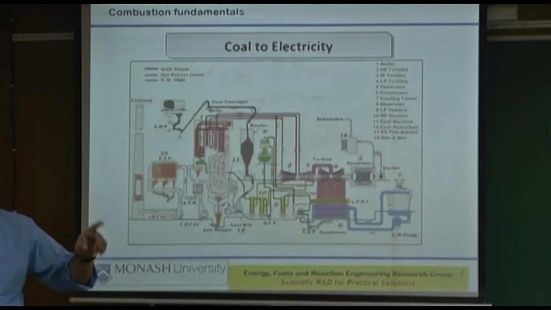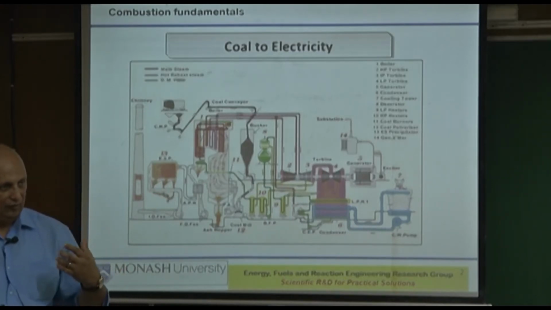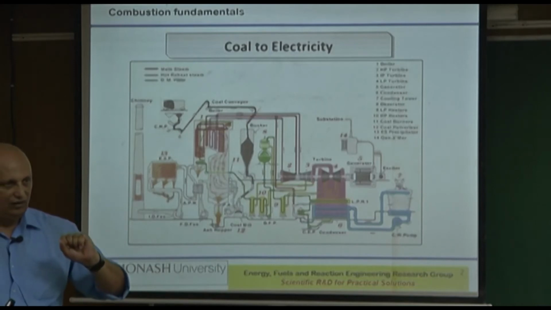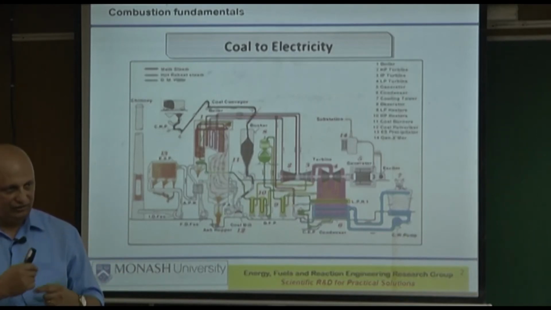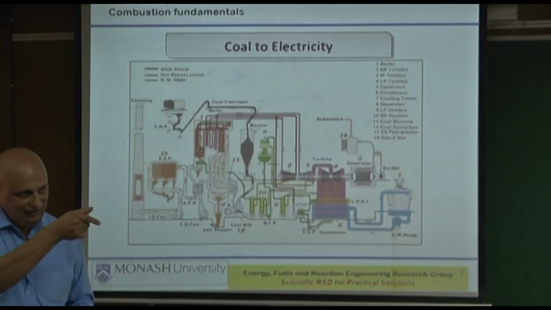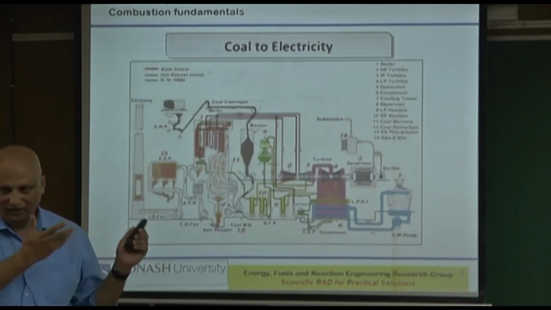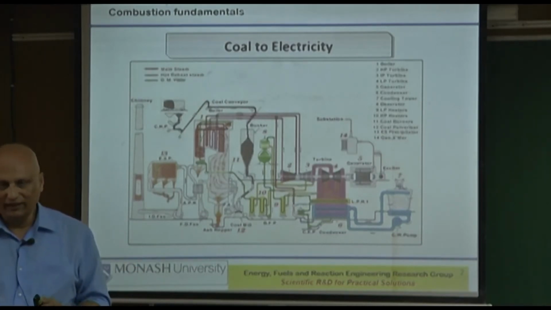So the fireball is right in the middle, and it's tangentially, the swivel is deliberately allowed to the air, so that it carries the particles together with it, and then swirls around, and during that process, the 10 to 100 micron particles, they get combusted.